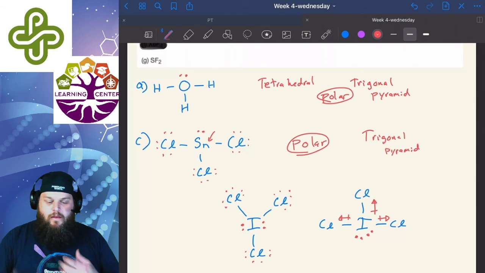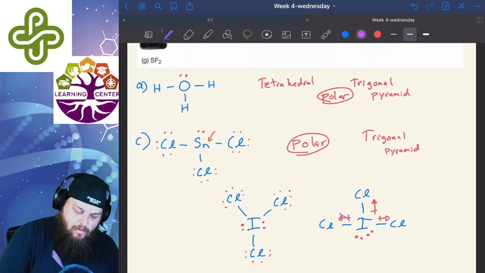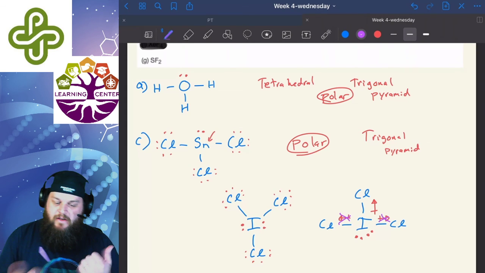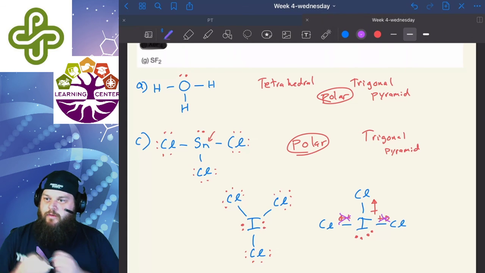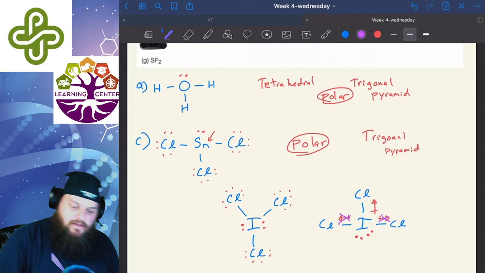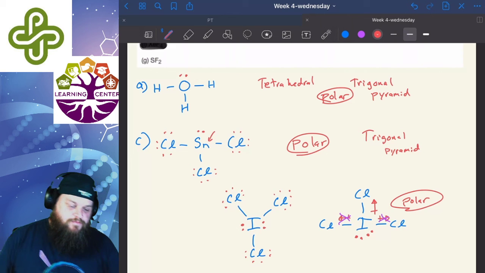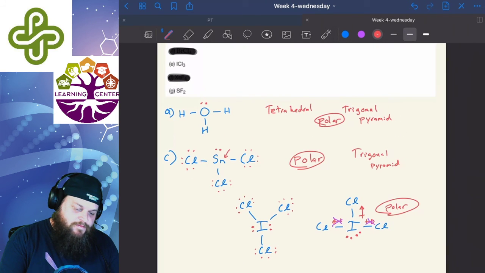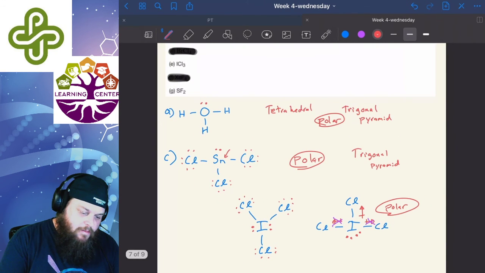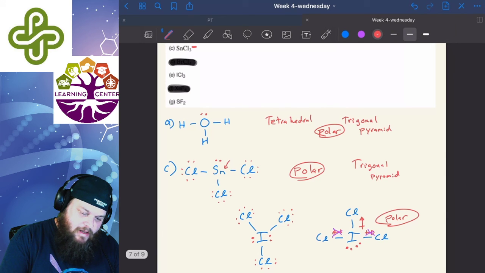So these two are going to cancel each other out because they're just going in opposite directions. But that one chlorine is pulling up where it just has electrons below it. So this is still going to be a polar molecule. I wanted to say atom, but it's not. And this is part E.